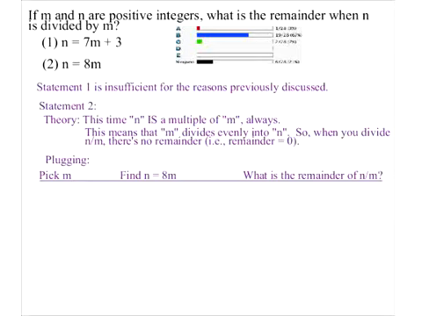So if m is 1, 2, 3, 4, 5, etc., then these are 8, 16, 24, 32, 40, and so on. Let me clean that up real quick. Okay. So when you do these divisions, you'll quickly notice what goes on. The remainders that you get are going to be all 0.